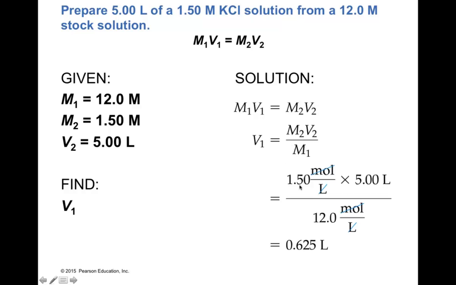So the final concentration, that is 1.50, times the final volume, that is 5 liters, divided by the initial concentration, gives us the volume that we need from the initial or stock solution. So from this 12 molarity, we need to obtain a sample of 625 milliliters.